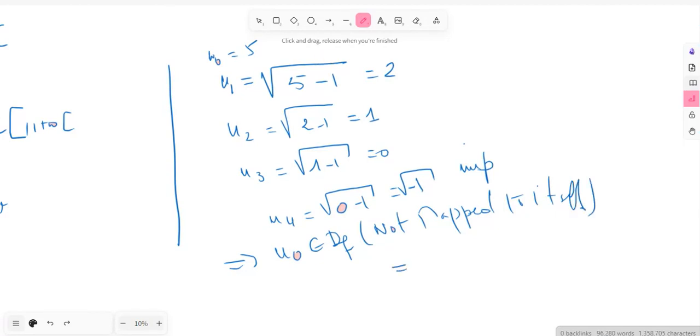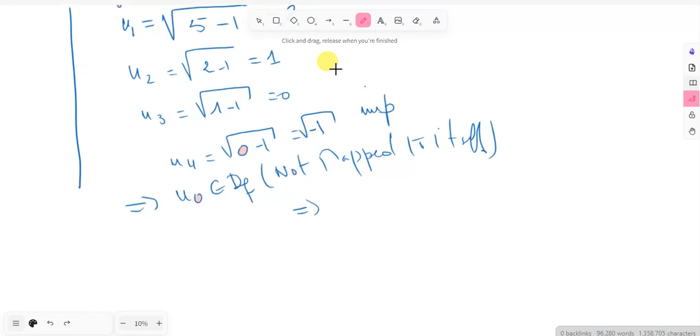This means that the elements of the sequence will not exist after a certain rank. Here, u0 exists, u1 exists, u2 exists, u3 exists, but u_n does not exist for whatever n superior or equal to 4.